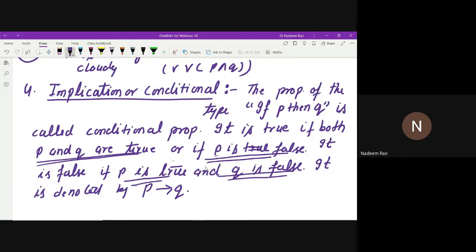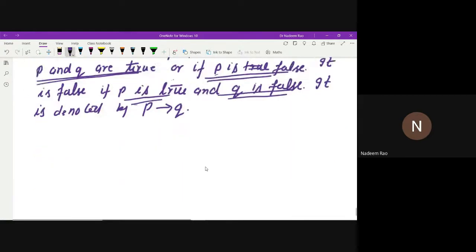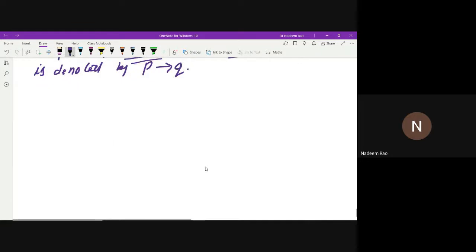It is also stated as Q is necessary for P, or P is sufficient for Q. Q will be possible if P is possible. So Q is necessary for P, and P is sufficient for Q. So how will we define the truth table for it? P and Q.